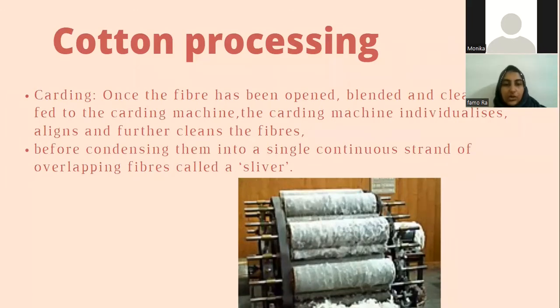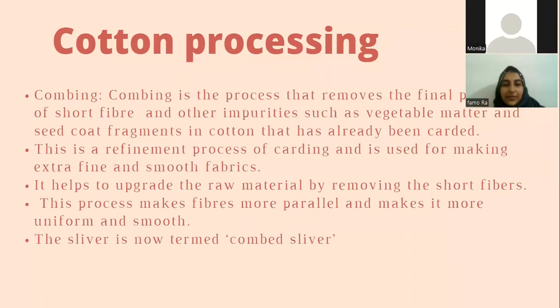Okay, so what is carding? Carding is the process of condensing the fibers into a single continuous strand of overlapping fibers called a sliver. So please keep these terms in mind.